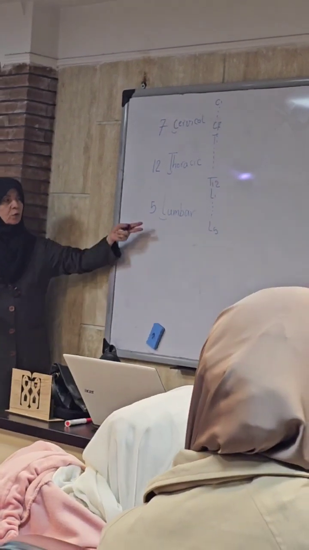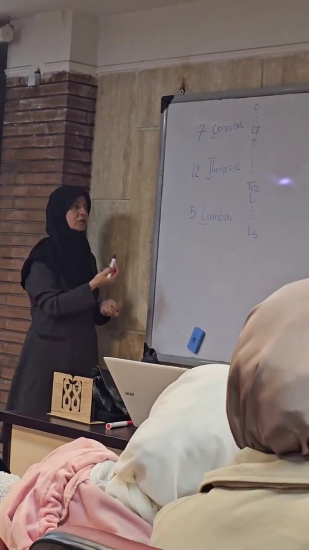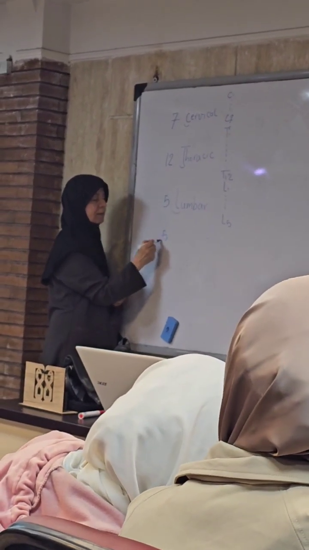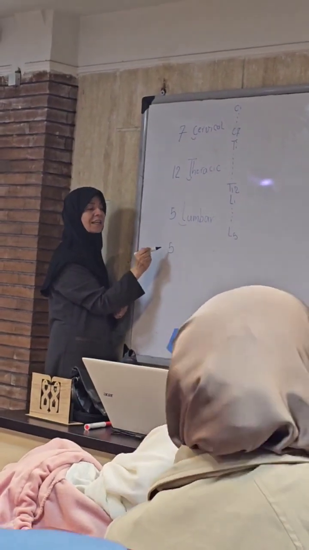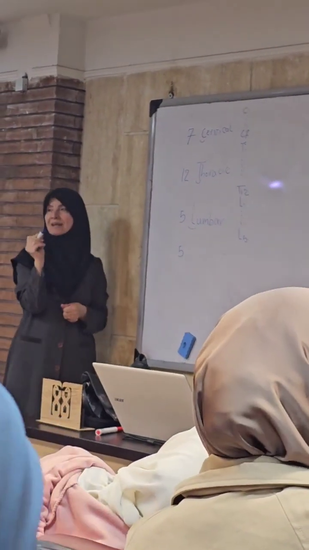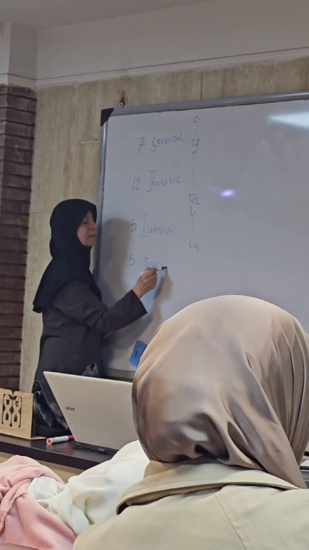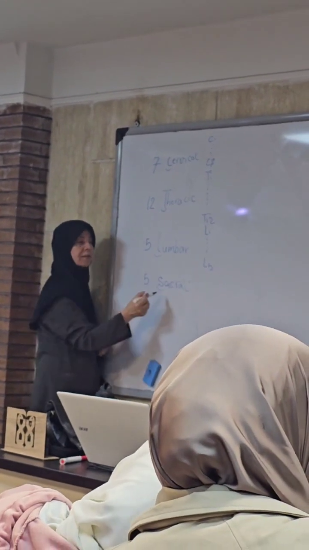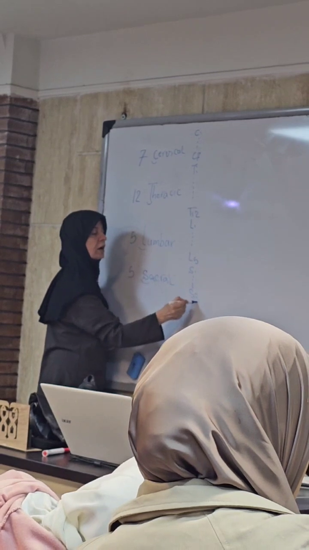Continuing, we are going to the pelvic region. In the pelvic region, we have sacral vertebrae, which at the first consist of 5 single and separate vertebrae. We use the term S and show you S1 to S5.